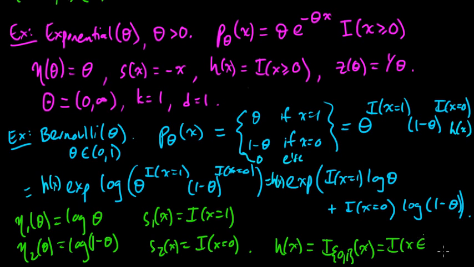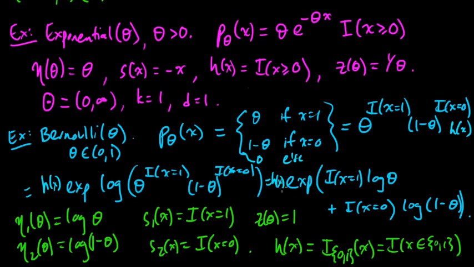This is our h of x. And right, I said z of theta is just 1. And so now we have our eta 1, our eta 2, our s1, and our s2.